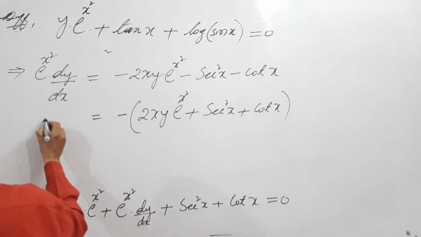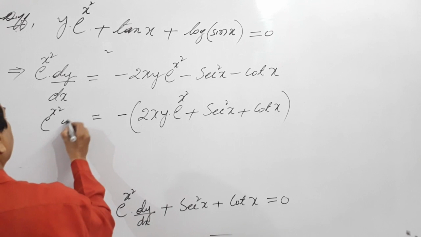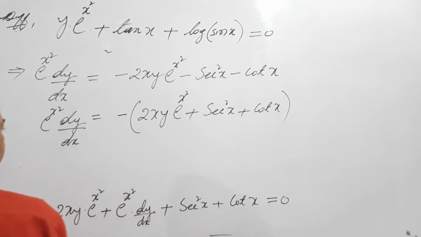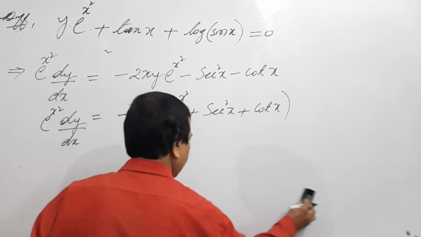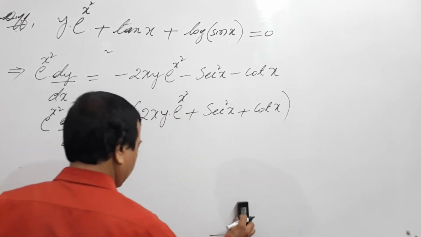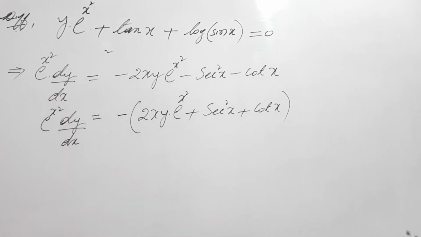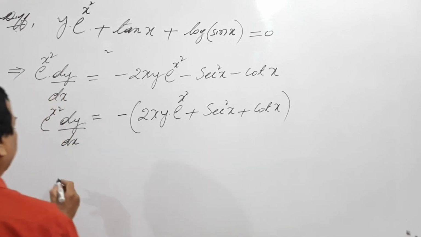This is e to the power of x square dy by dx. So I want dy by dx, I'll send this to the denominator.